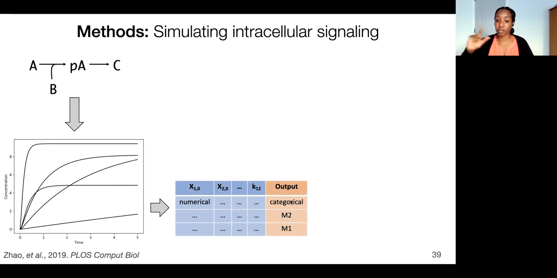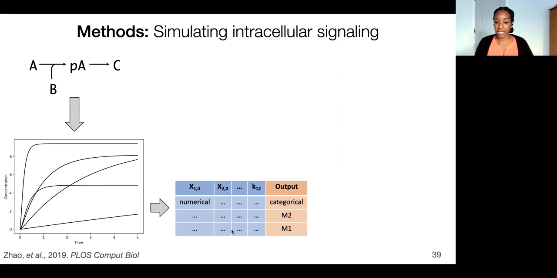Again, this binary, does it go to M2 or does it go to M1? And the way that it was defined by Zhao et al. is to just look at the area under the curve for the signaling species that promote M2 differentiation relative to the sum of the area under the curves for the signaling species that promote M1 differentiation. And so essentially we get this M1, M2 ratio, and that tells us whether the cells will go towards an M2 or an M1 phenotype.